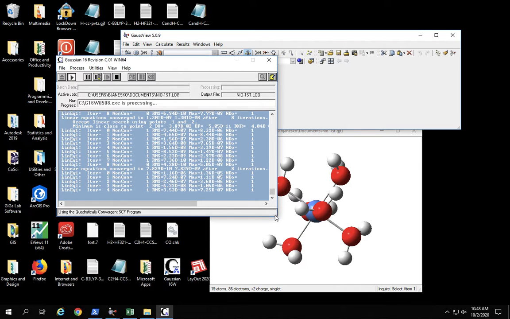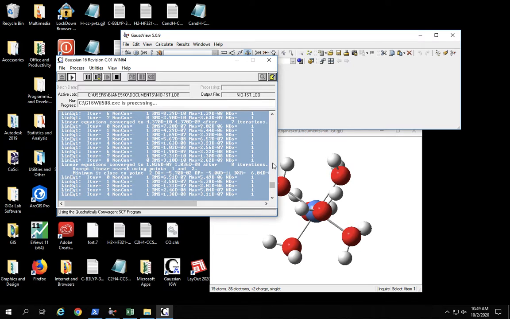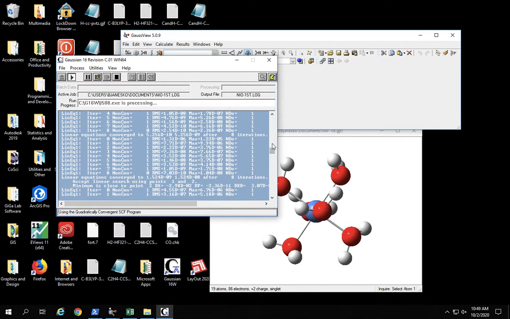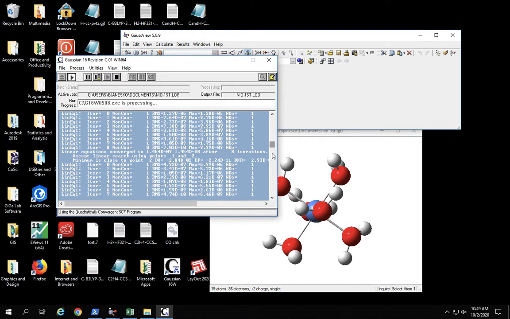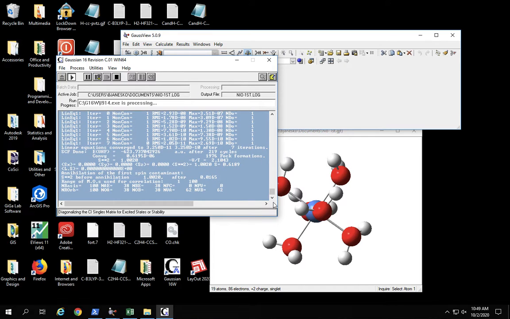We can just peek at this file. Doesn't seem to be printing those. Okay. Should have added an extra print flag here. Okay, so now we have an even lower energy.